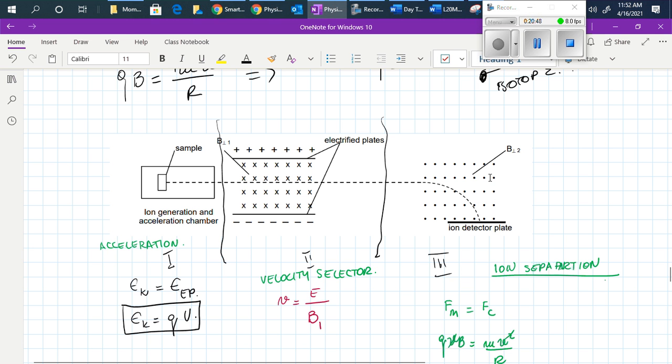And then the third part is the ion separator, in which the undeflected ions are entering into the presence of the magnetic field B2, and since they have different masses, but everything else is the same, they are obtaining different radii, and therefore the separation of the isotopes is happening.